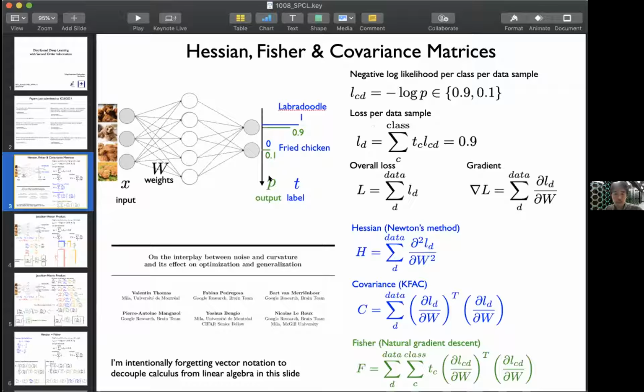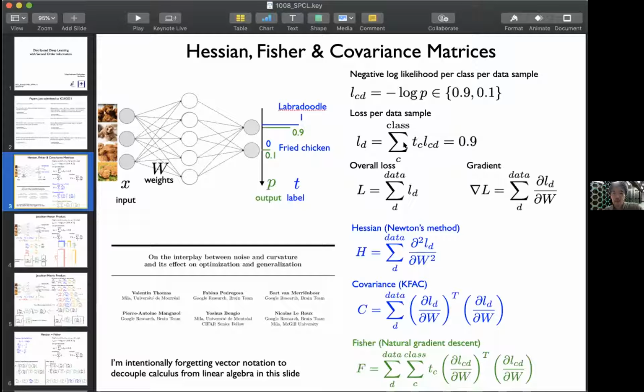So if we use negative log likelihood as the loss function, first we define this thing called L_CD, which is the loss per class per data sample. And then to actually calculate the loss per data sample, we need to sum over the classes. This is a cross entropy function.